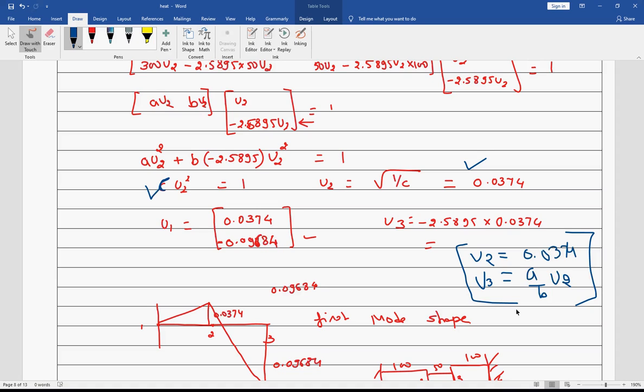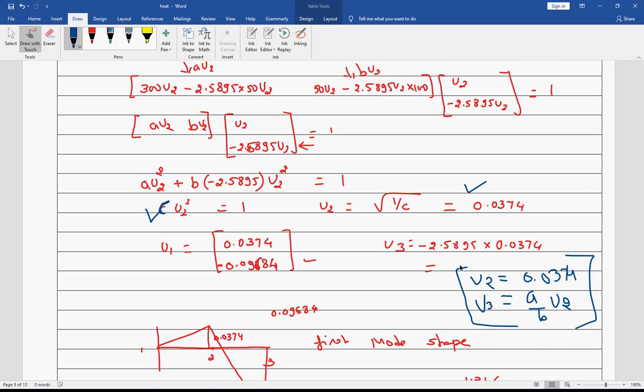So in this way you can try. So this is a pretty simple program, so you have to apply the logic just as it is, and hope some of you will be able to do it. So just let me know whether you understood this mode shape calculation. So you can type mode shape if you have understood this.